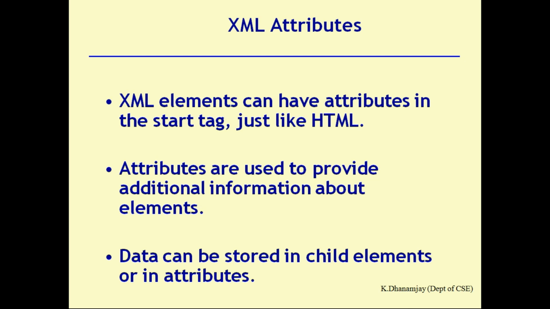Attributes: an XML element can have attributes in a start tag, just like HTML, which provide additional information about the elements. You have to remember the difference. What is meant by an attribute? Data can be stored in child elements or in attributes.